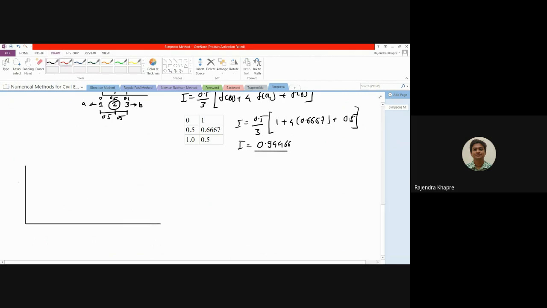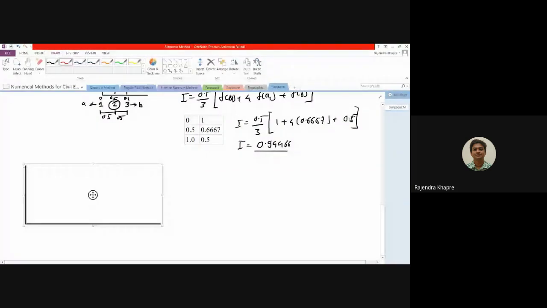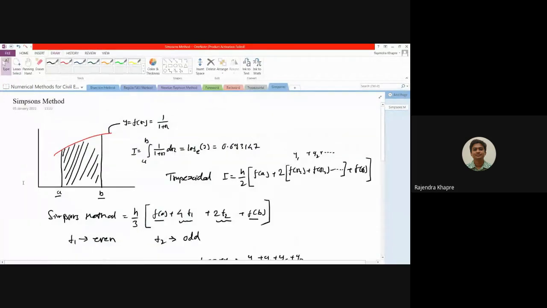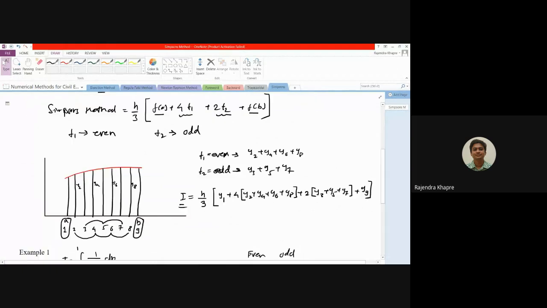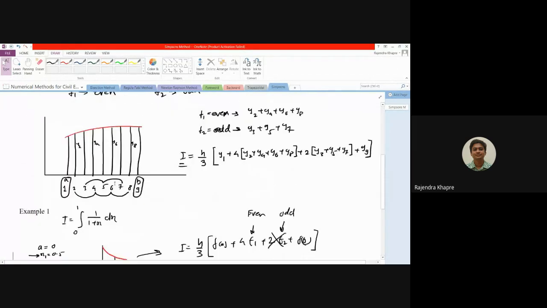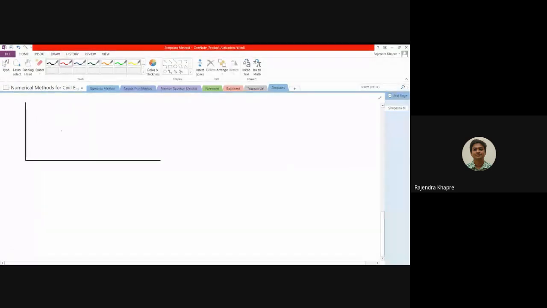Now here I have a curve, sorry, it should be drawn like this. Let me go down. Okay, so now I have a curve which is like this.